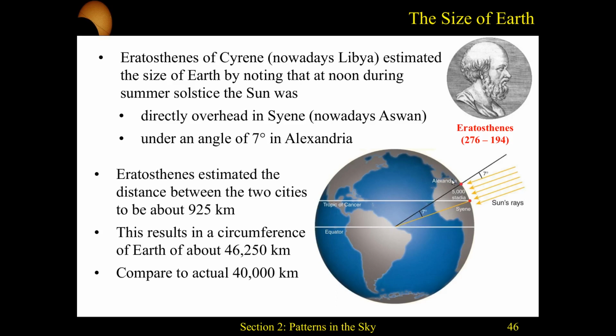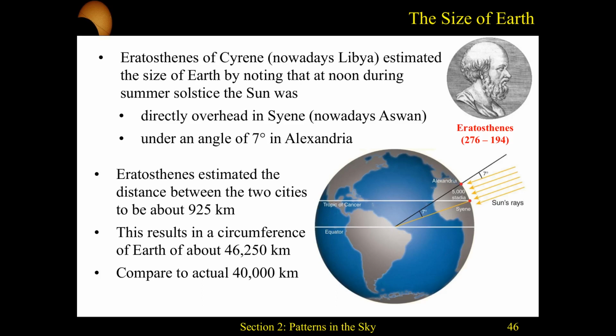How do you get this measurement? So first I'll tell you the values. Eratosthenes figured out that the two cities were about 925 kilometers apart. He got this by asking merchants to keep track of the number of footsteps they'd make as they traveled between the cities. And he paid people sometimes to even travel the distance, get them to come back home and tell him how many steps they'd taken along the way.